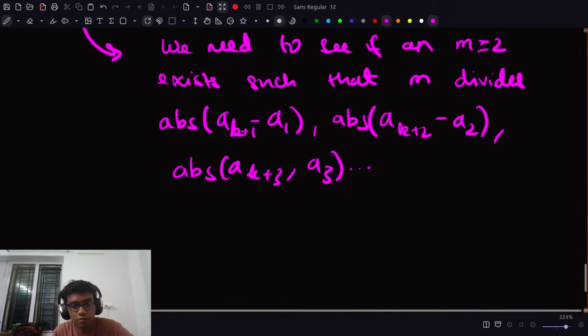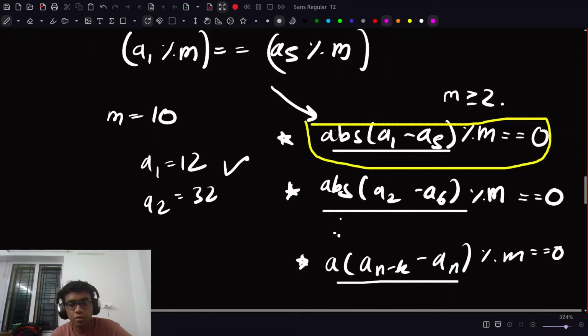It must divide all these differences. So this approach of using difference over here, it's a very essential idea.